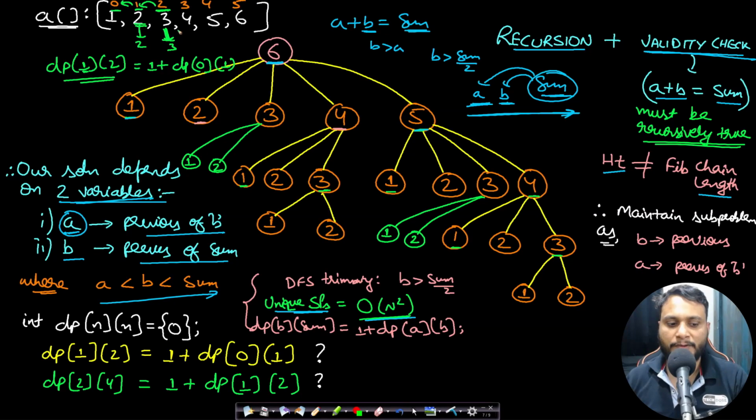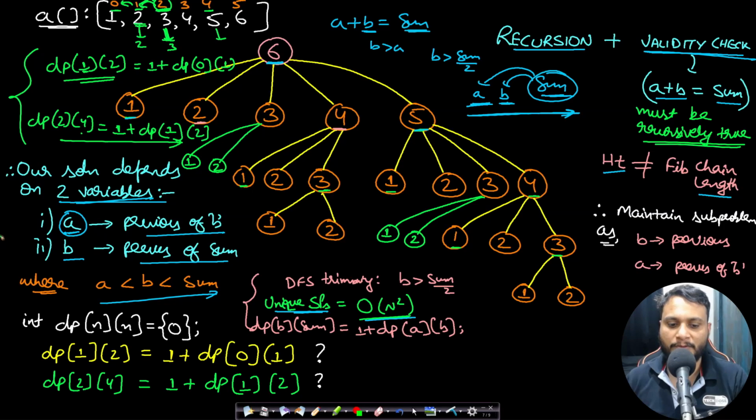And similarly, if you look at the meaning of dp at 2 comma 4, if you choose 4 to be the endpoint of the Fibonacci like sequence, then it will be equal to 1 plus dp at 1 comma 2, taking 2 to be the previous point and 1 to be the one before it, if 1, 2, 4 actually forms a chain.